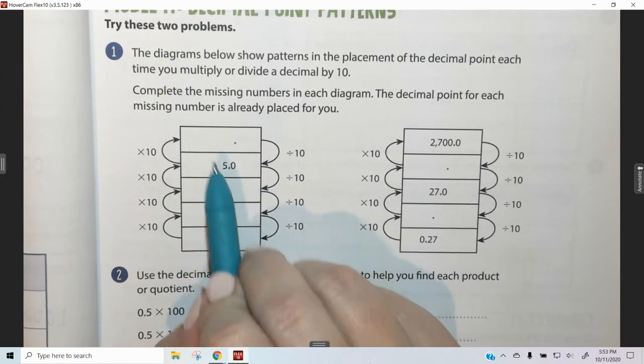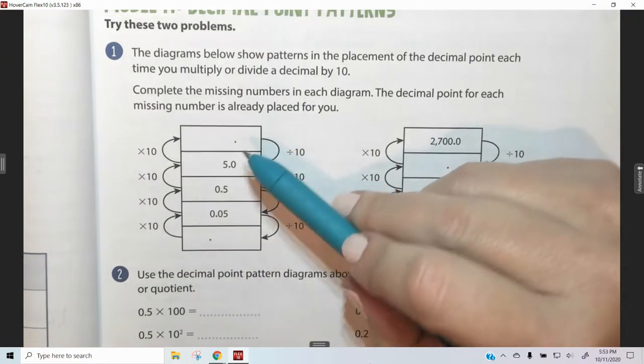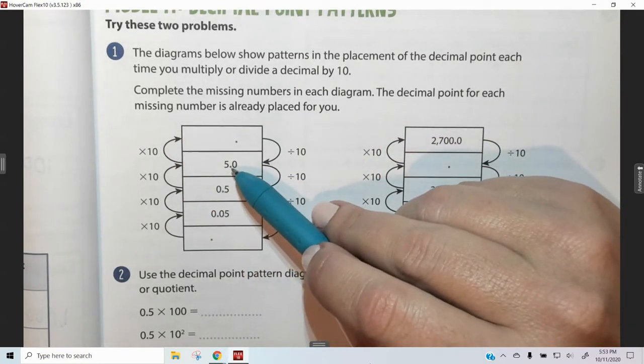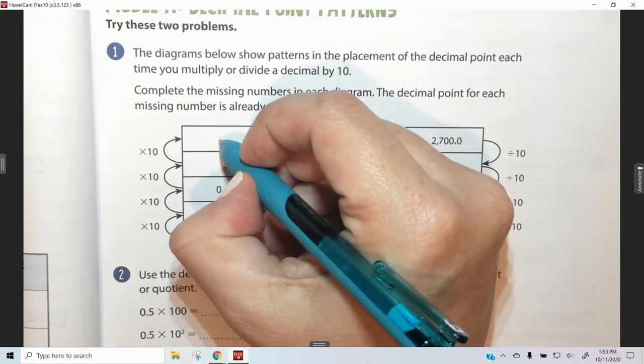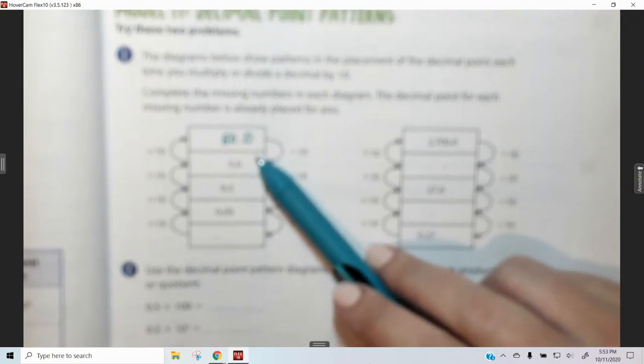So, to fill out up here, we are going to go ahead and figure out what 5 times 10 is. We know that when you multiply 5 by 10, we get 50. So 50 is what we start with.